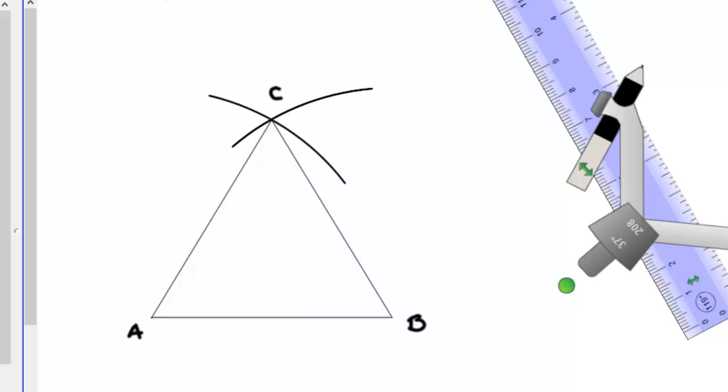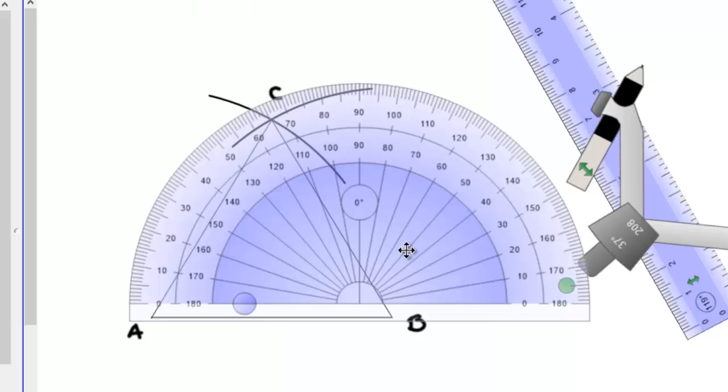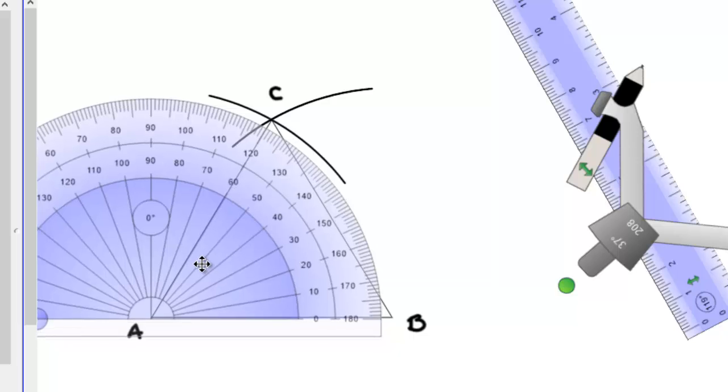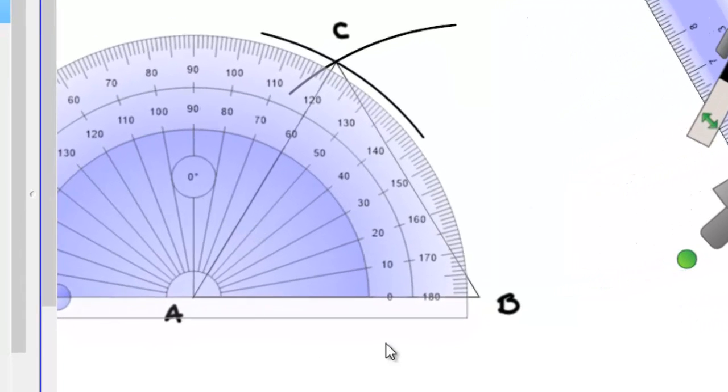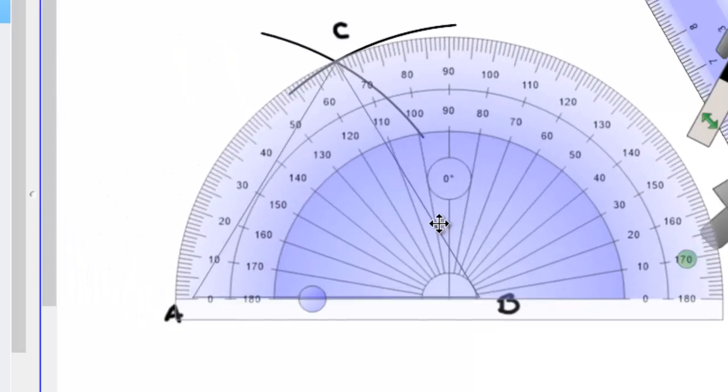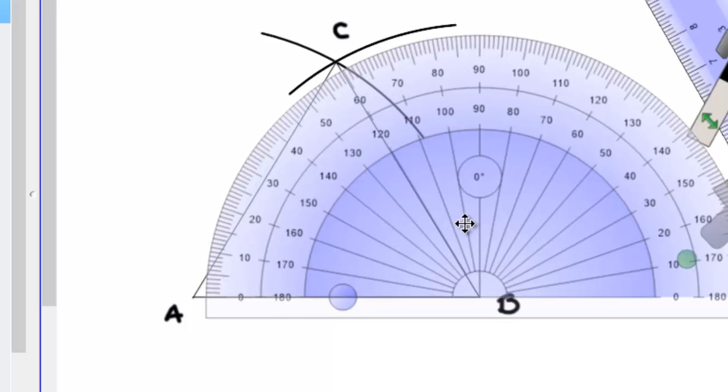Can I check? Yes, I can bring the protractor and check if I have 60 degrees. As you can see, from B to C it's 60 degrees, and from the other side I can check again if I have 60 degrees, and from here to here it's almost 60 degrees.